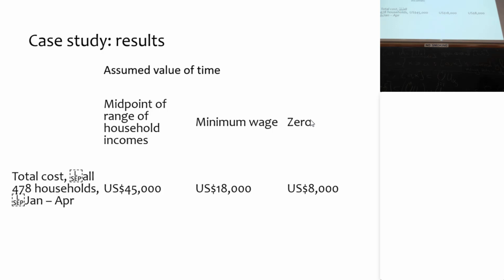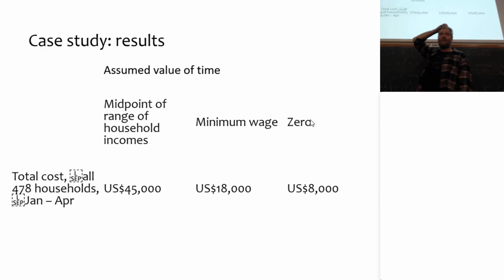And what you see here is that the total cost of the averted behavior of trying to avoid Giardia runs to 45,000 for around 450 households. So that's $100 per household.